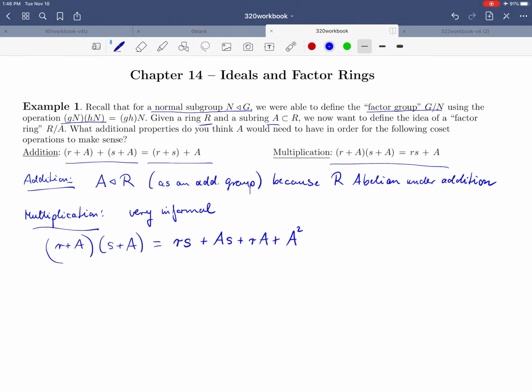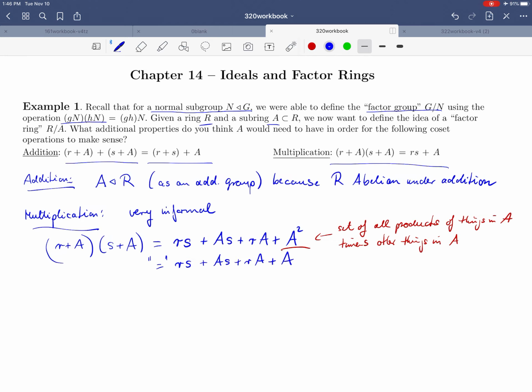And so let's look at these pieces. A squared right here is something in A times something in A. So you could think of this as the set of all products of things in A times other things in A. But A is closed under multiplication, so if you take something in A and multiply it by something in A, you again have something in A. So that's really just A. So we can say, and I put equal in quotes here, that this is like rs + As + rA + just A, because we're not getting anything new.